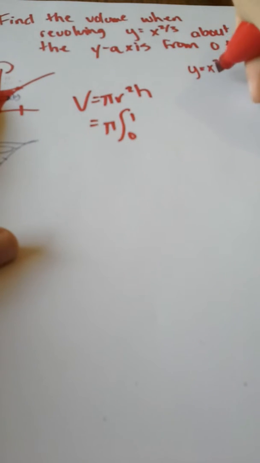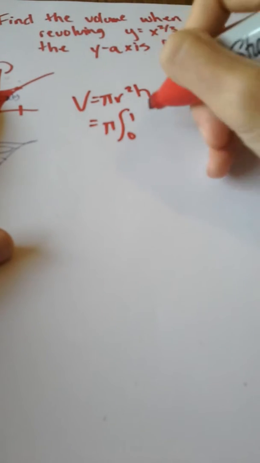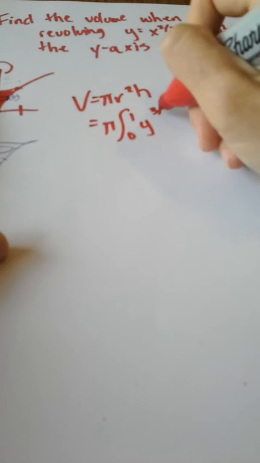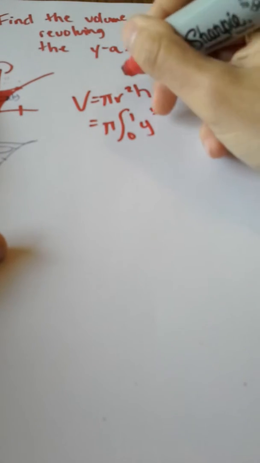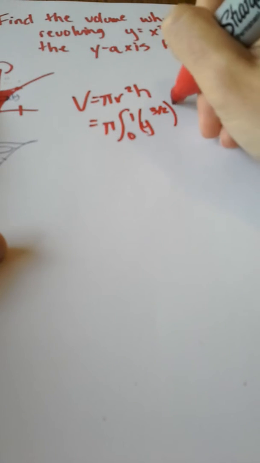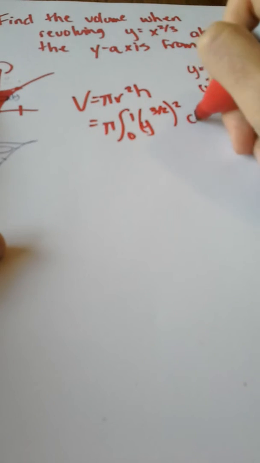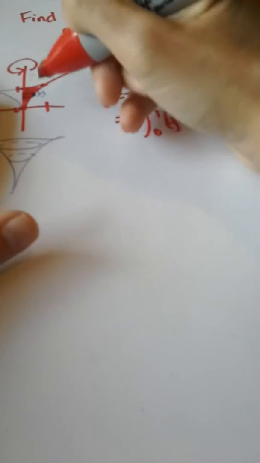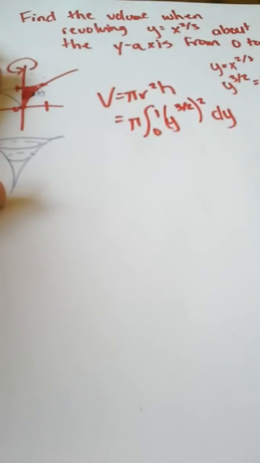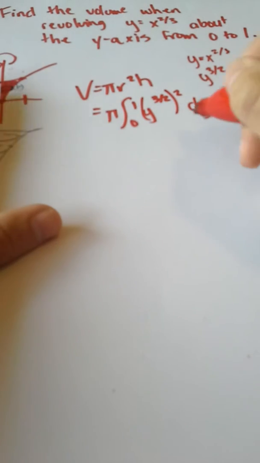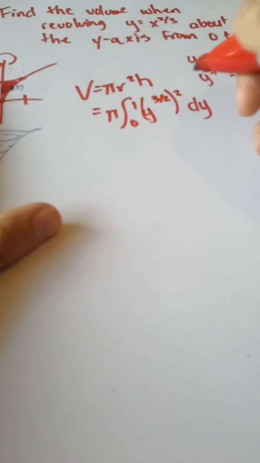Take the 3/2 power of each side. And x equals y to the 3/2. So we're going to plug in y to the 3/2. That region is our radius, so that will be squared. And h is dy this time, because again, our cylinders are stacked in the y direction, change in y. So I'm going to go ahead and square those.